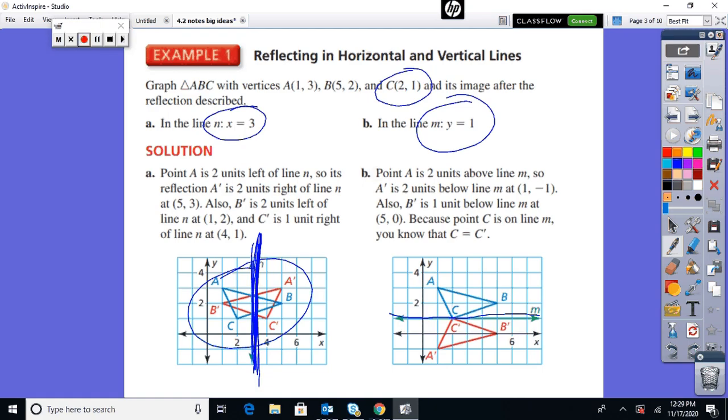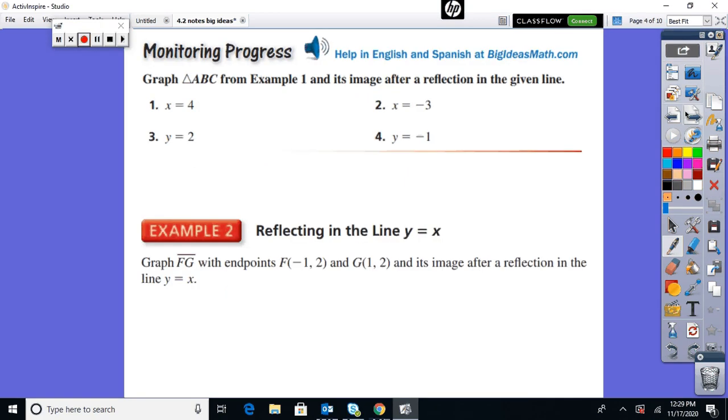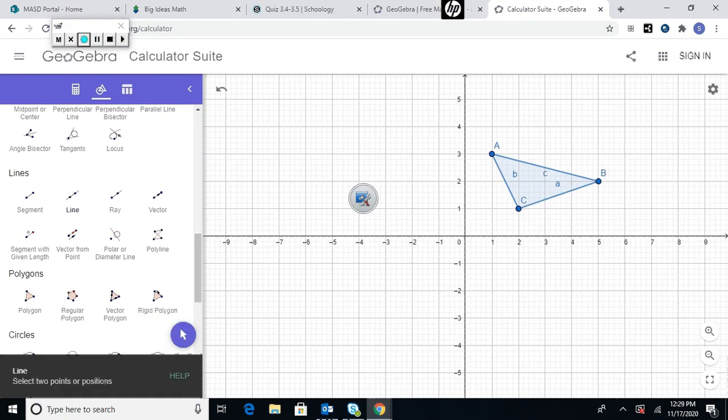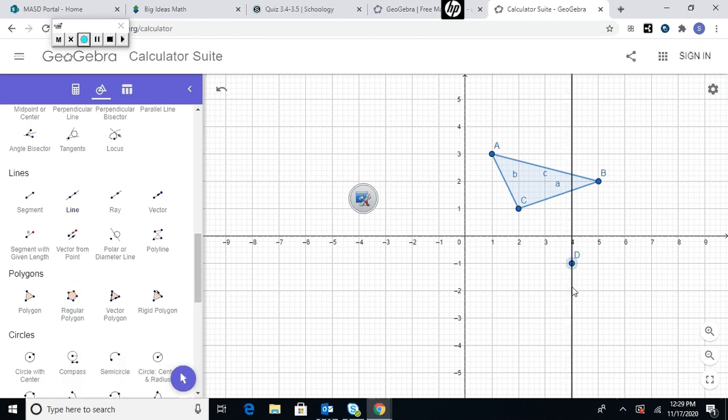All right, now this is telling me to, let's see, let's do this one first. x equals 4. So let's plot the line x equals 4. So here we go. Vertical line where all the x values are 4.